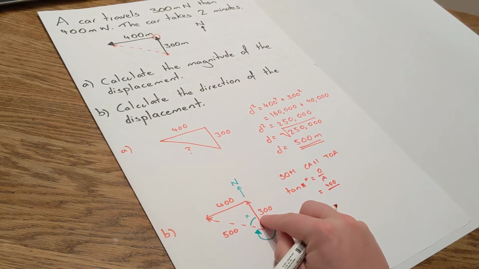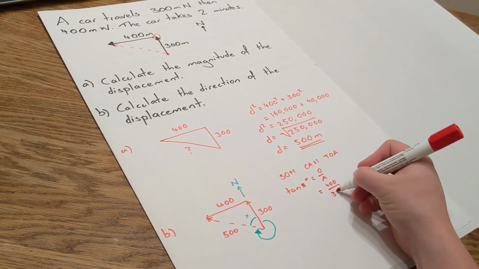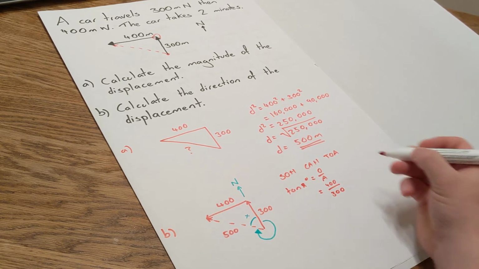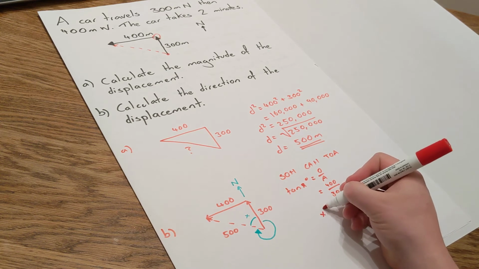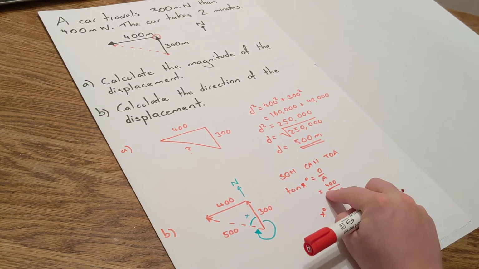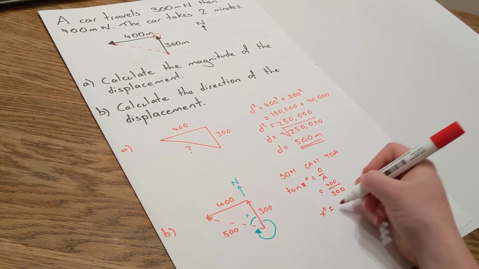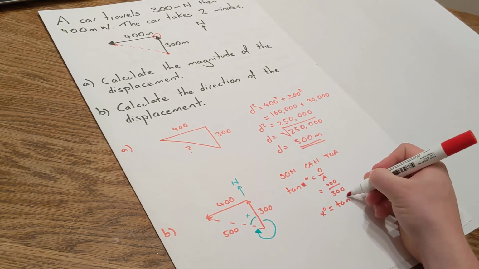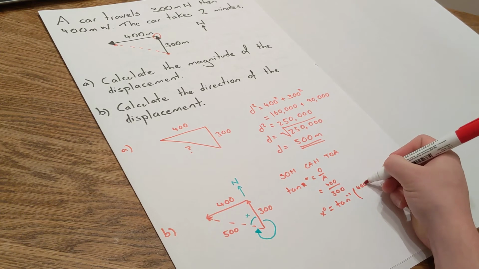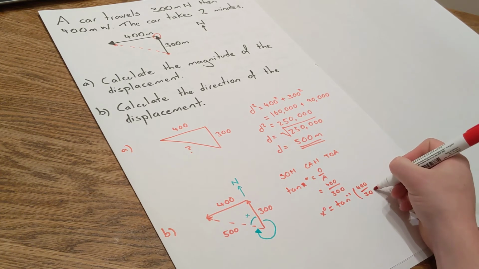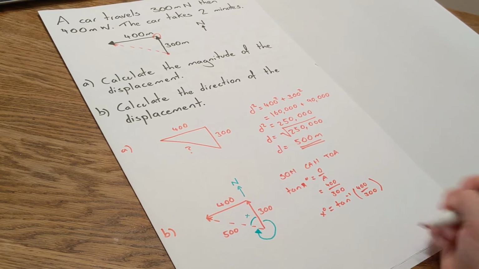The side next to it, the adjacent, is 300. So if I want to work out what the actual angle is, I need to take the inverse tan of both sides. So that means the angle is going to be tan to the negative 1 of 400 divided by 300.